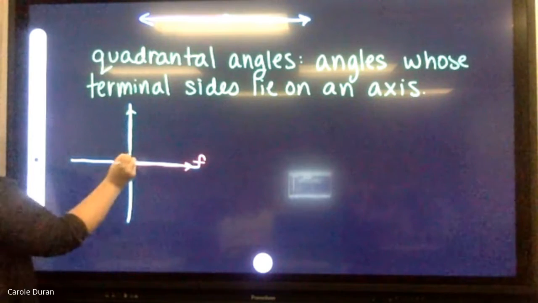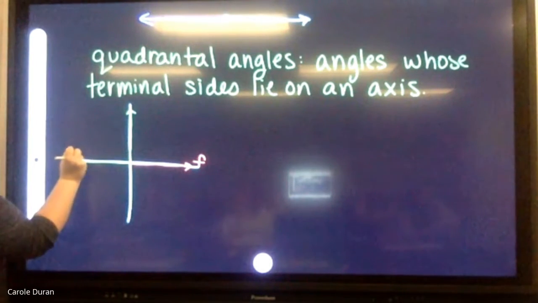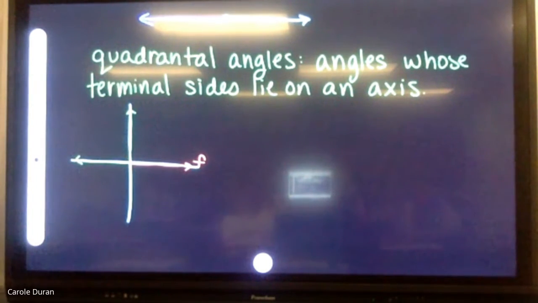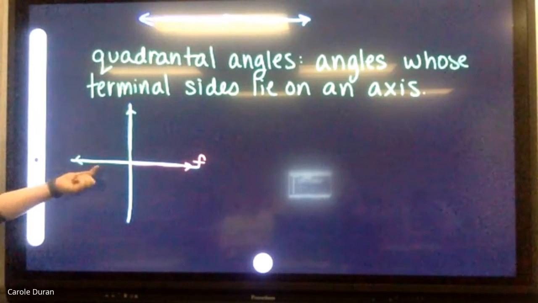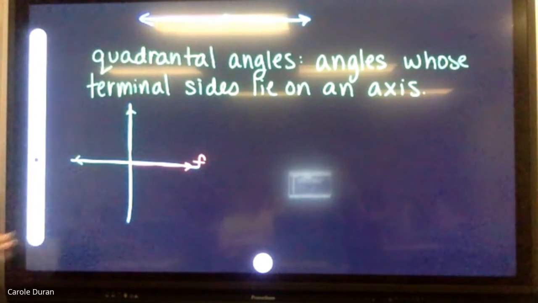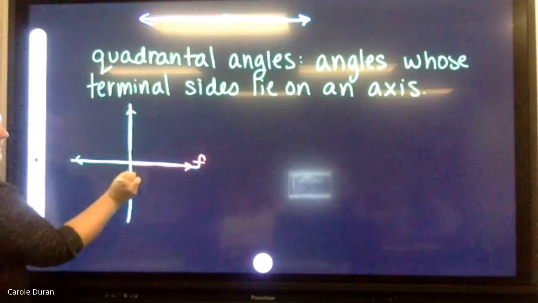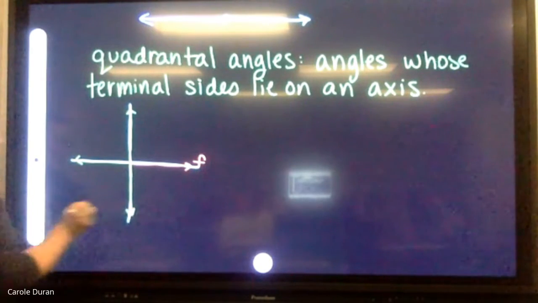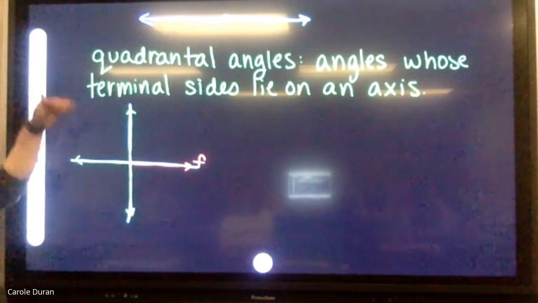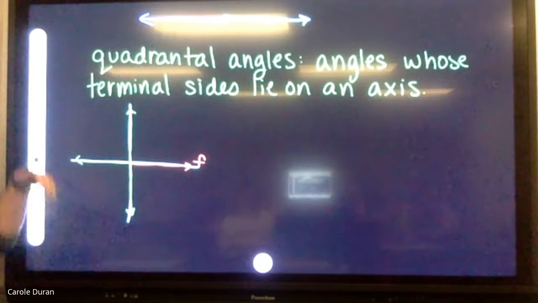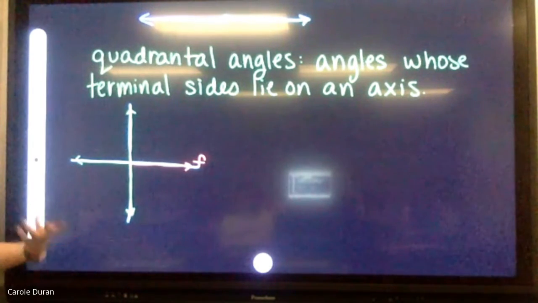If I had a terminal side that was along my y-axis going in the opposite direction, so 180 degrees, that would be a quadrantal angle. Okay, or if I had a terminal side that lies along my x-axis going down, it's still along the x-axis, which makes it a quadrantal angle.